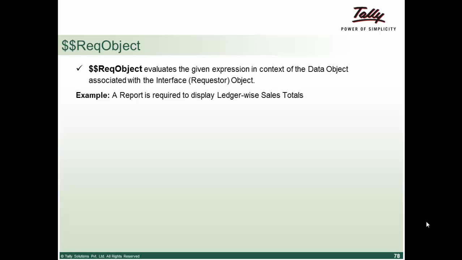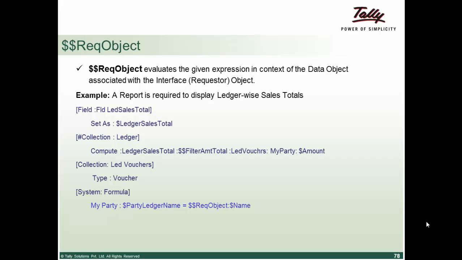So let's take an example we have here. A report is required to display ledger-wise sales totals. You see here we have a field where we are trying to fetch the value. The collection assumed is that the line on which this field is available is repeated on a collection called collection ledger.